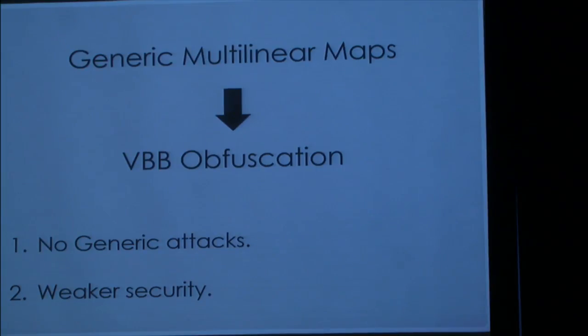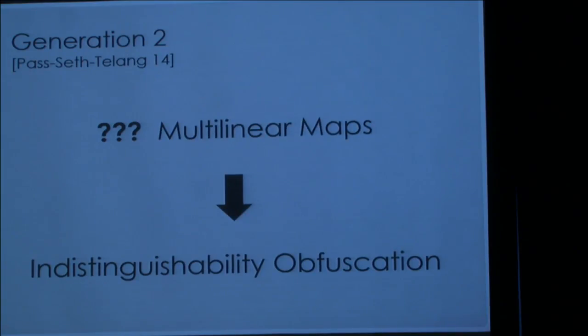And as we'll see, this generic reduction plays a central role here as well. OK, so following this interpretation, in the second generation, we're going to aim at getting indistinguishability obfuscation rather than VBB. And the big question is, what kind of security do we need from the multilinear map?